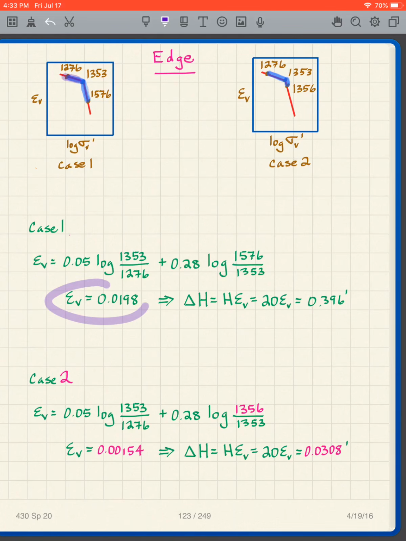I get my epsilon v's, and then delta h again is h times epsilon v. And the h thickness was 20 feet.